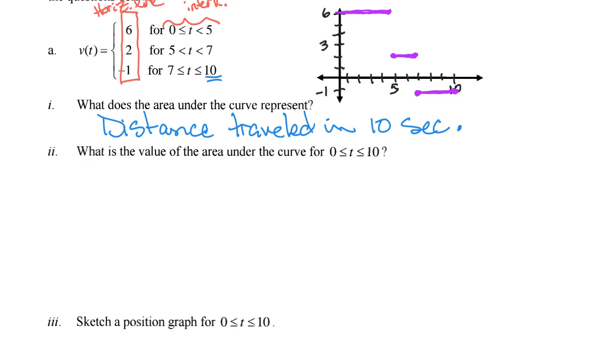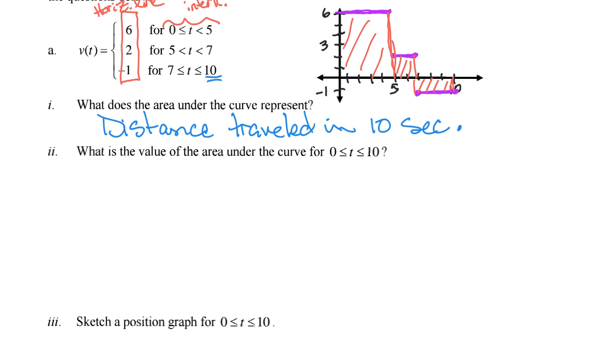So in other words, let's go back to the graph for a moment. If I look at this piece plus this piece, and then we're going to have to subtract this piece, what will that value be?